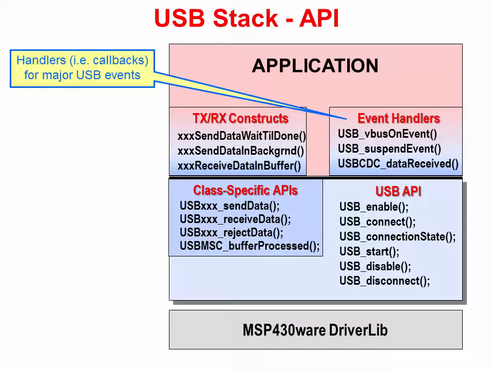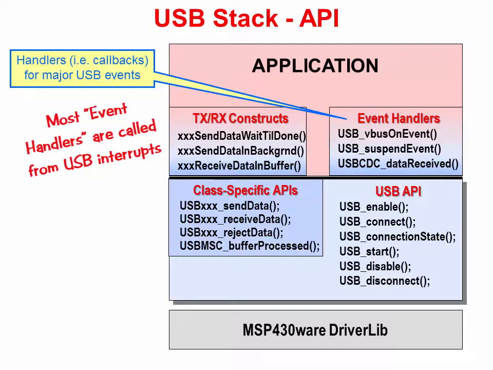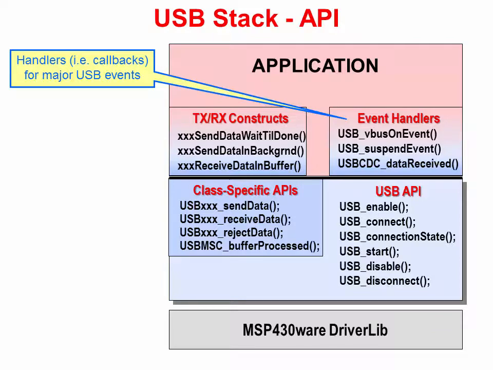So then, what are these event handlers? They're functions that get called from the USB stack, usually from within a USB interrupt service routine. For example, if the USB bus is powered on, this is called a VBus on event. When this happens, one of the many things the stack will do is ask us if there's any code we want to run in response to this event.